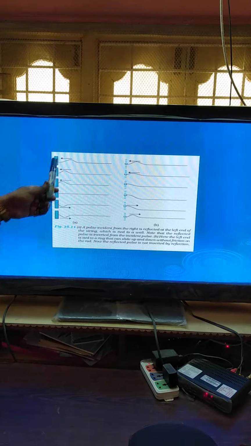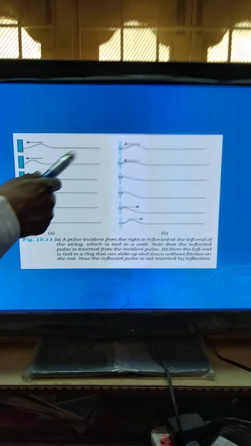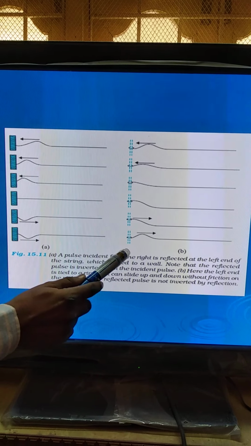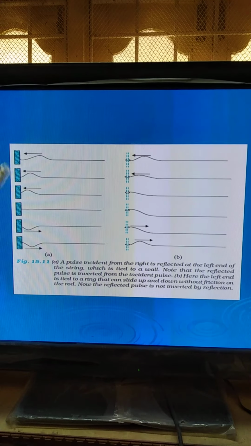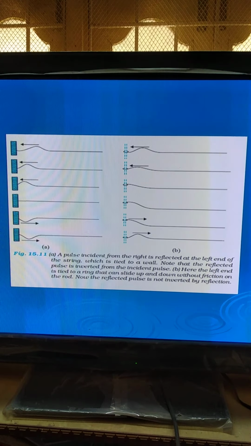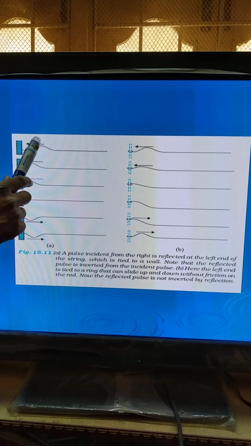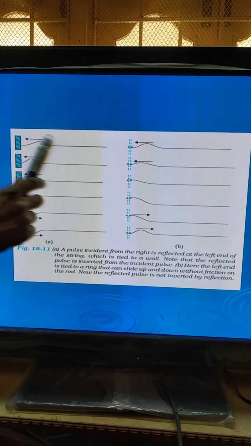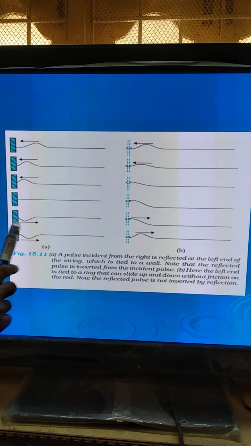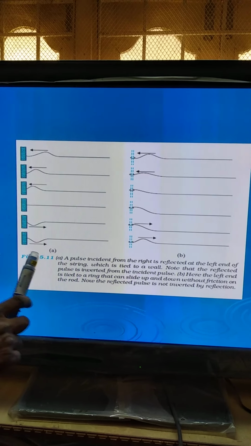In the diagram you can observe it here. Here is the rigid boundary and this is the open boundary. A rigid support is also called the closed end of the string. If the pulse traveling in the positive x direction is incident here, it is reflected back in the opposite direction.